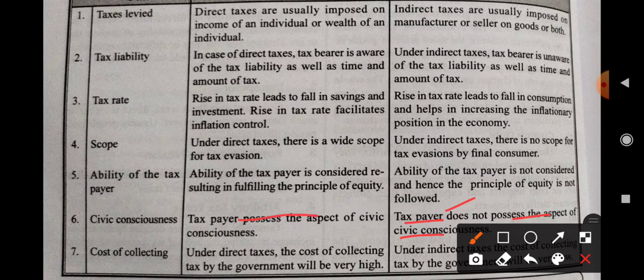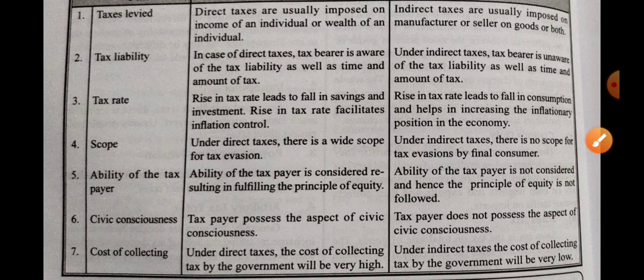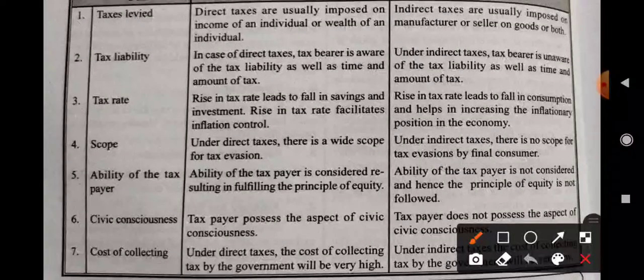But direct tax, a person himself will pay to the government, so that is why it is known to the people. Knowingly people will pay the direct tax, that is why they will have civic consciousness. Unknowingly they will pay indirect tax without any civic consciousness, that is indirect tax.